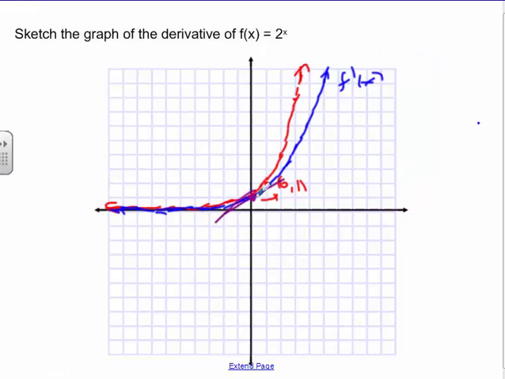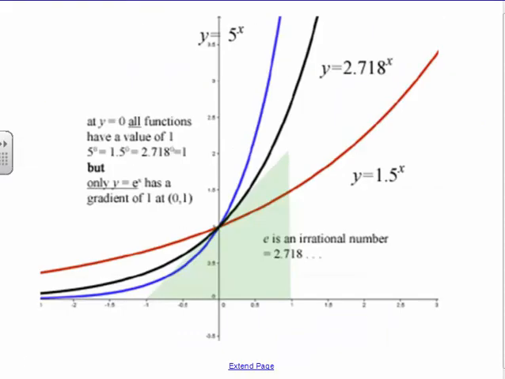When I was trying to calculate the slope right there, it was about 1. It's pretty darn close. Well, that's what happens right here: if you were to calculate the slope right at the y-intercept, this is the only graph that would truly have a slope of 1.